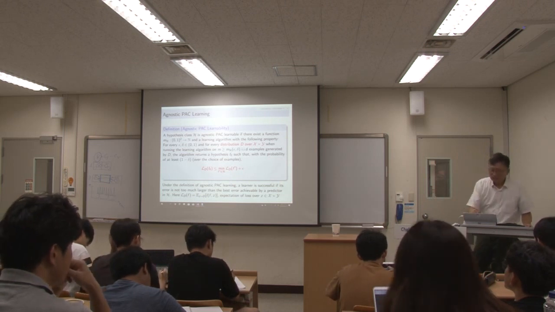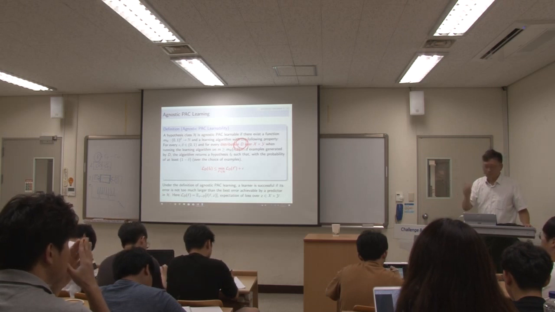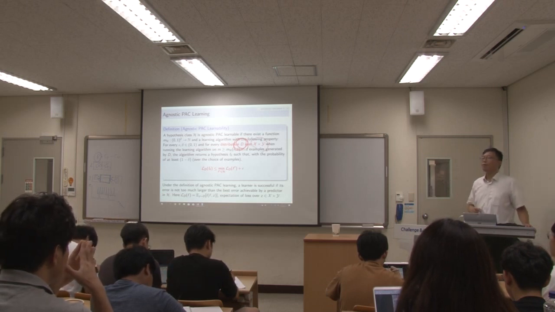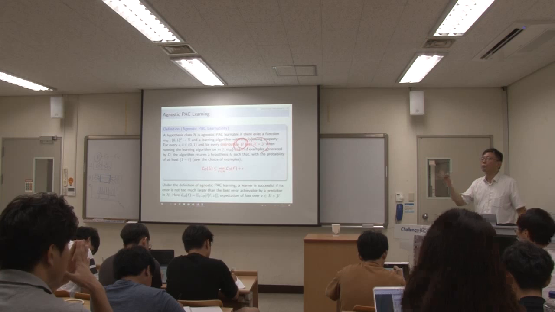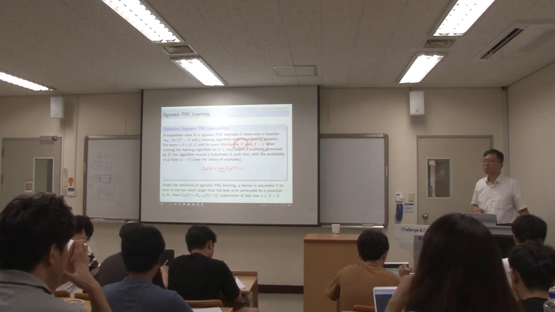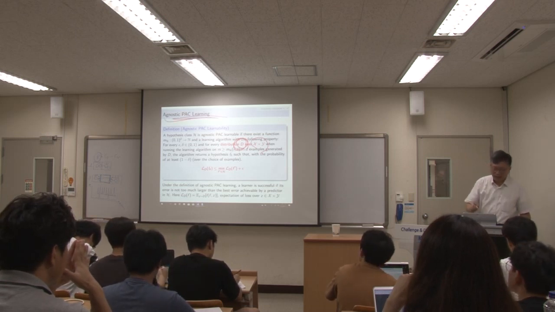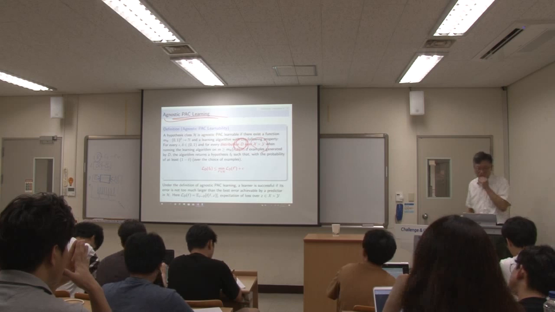The D is not over just the X, but it's over the product space. It's over the joint probability of data and the target label. Okay, that is agnostic PAC.